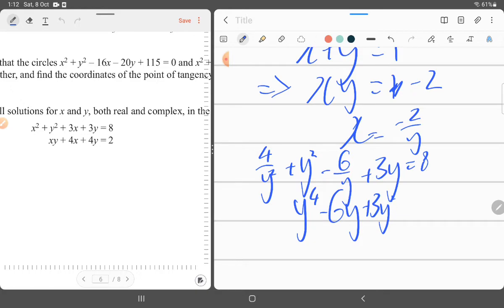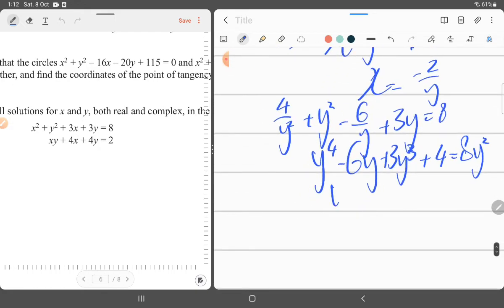So y to the power 4, plus 3y cubed, take away 8y squared, take away 6y plus 4 equals 0, which I think we can just put in the calculator.